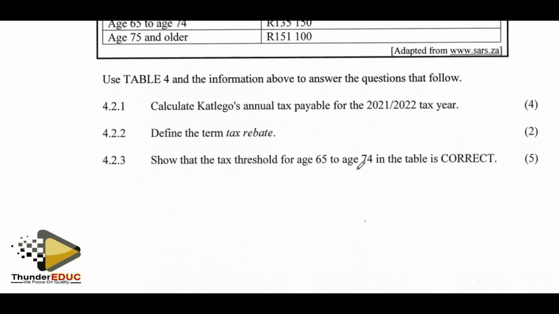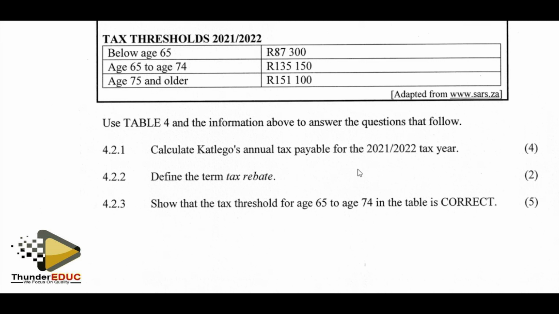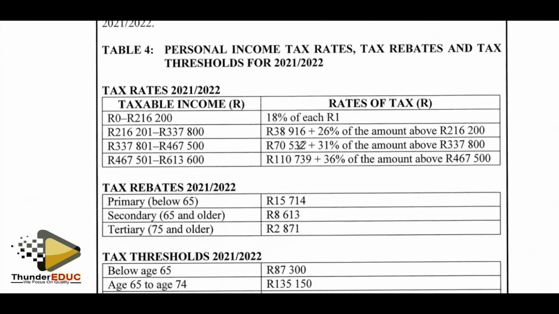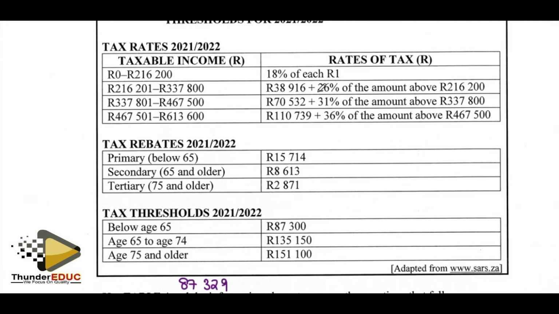So we shall calculate, and first and foremost, look for the bracket. Remember, he earns 87,329 throughout the year. Which bracket does it belong to? Definitely bracket number 1.